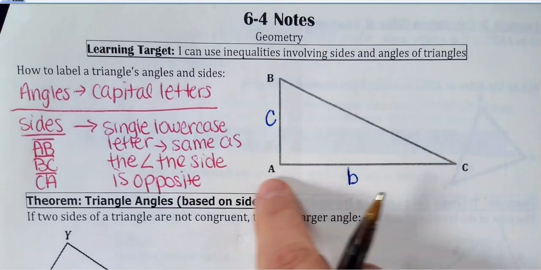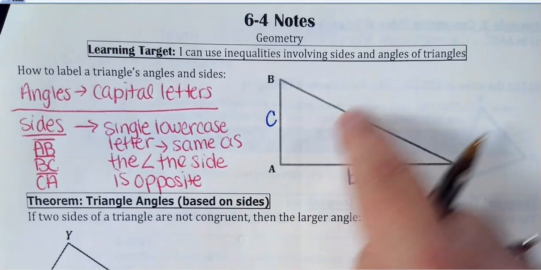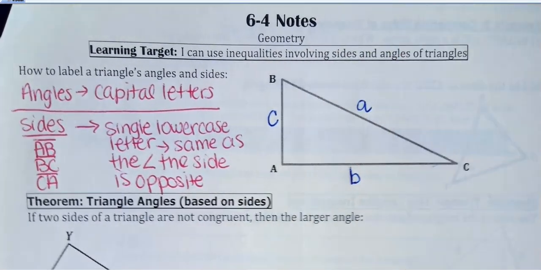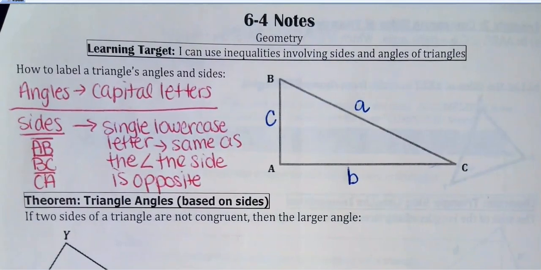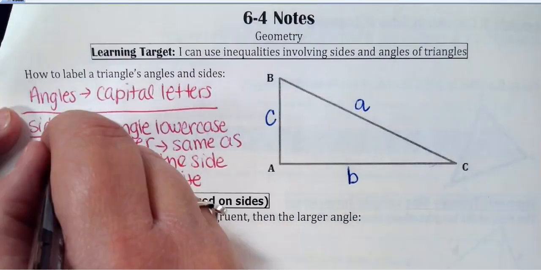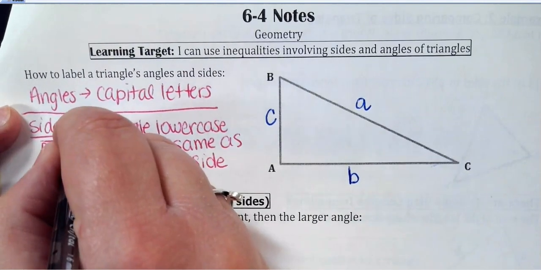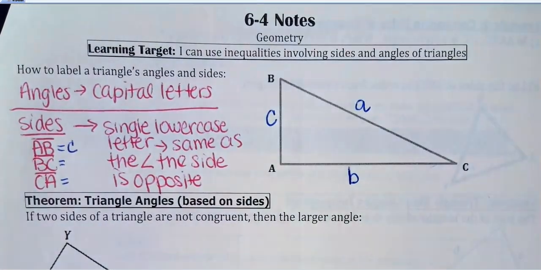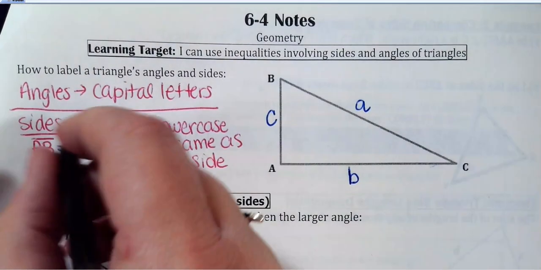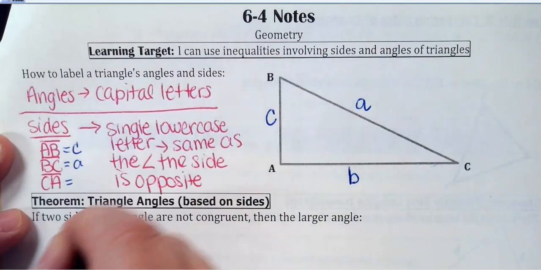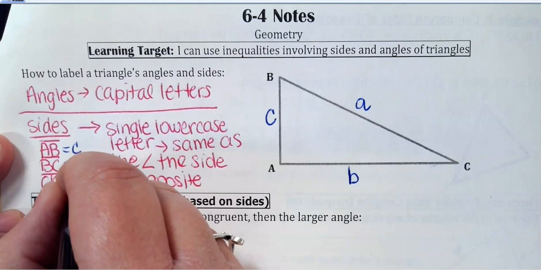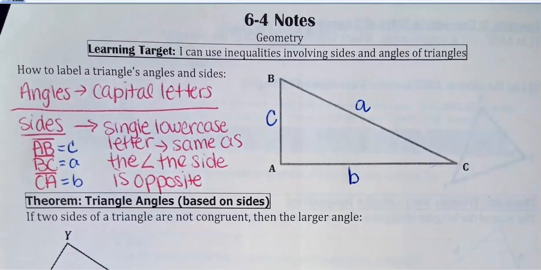And then finally, angle A, capital letter, the side across from that, I can label with an a. So if you just want to use a single letter, let me write them next to my line segments. So side AB is really c because it's across from that angle. BC is going to be side a, and CA or AC would be side b. So that's across from that.